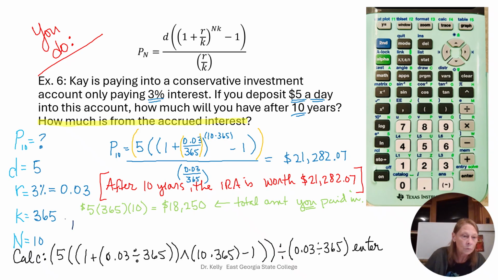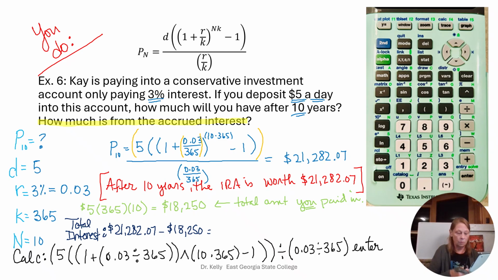So our total interest is going to be 21,282.07 minus 18,250. And let's get what that is. The answer is $3,032.07. So we get $3,032.07.